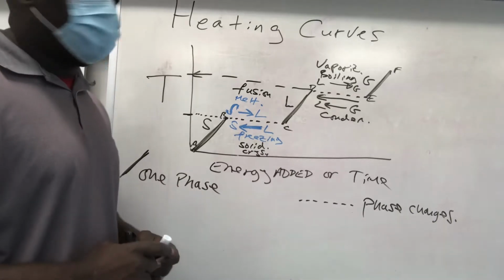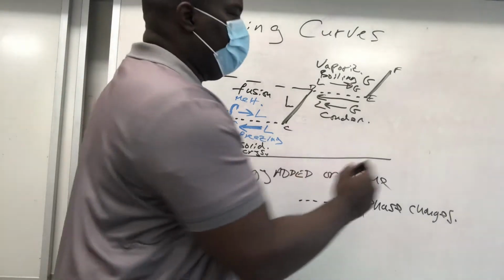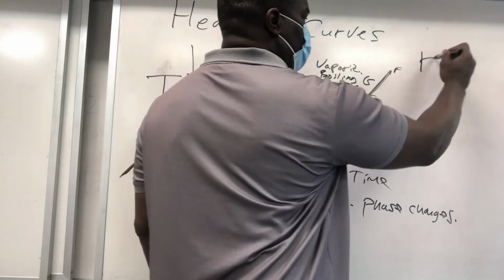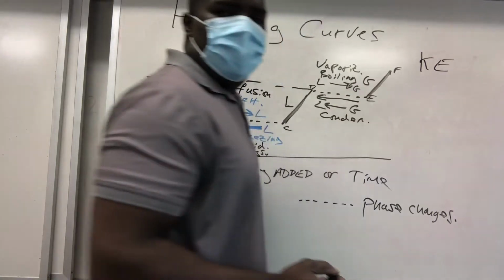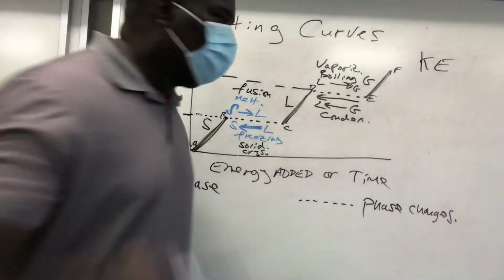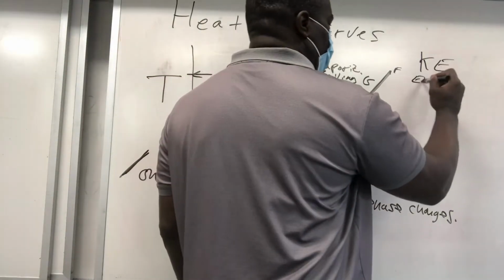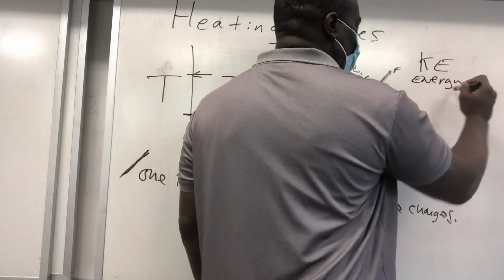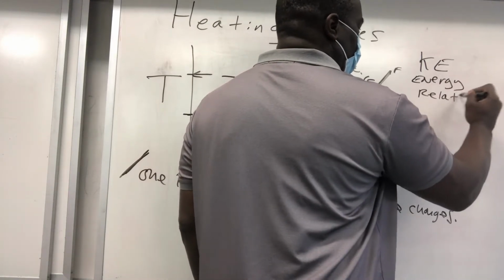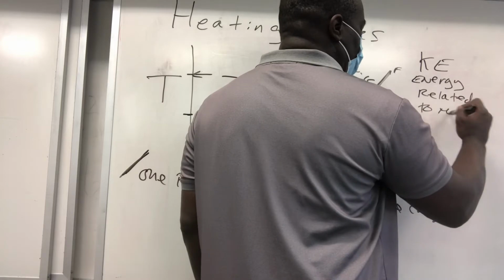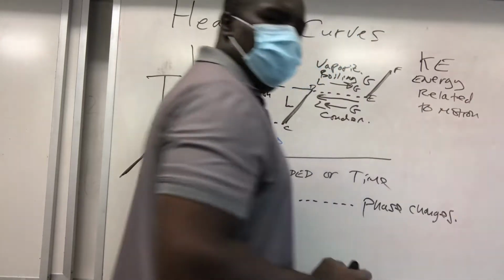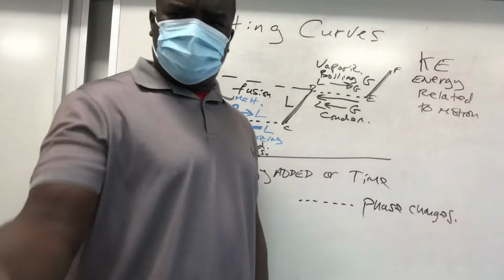So I'm going to define those guys, okay? So I'm going to write it over here, okay? Kinetic energy, KE, okay, is energy related to motion. So you make a note of that, okay? So it's energy related to motion. Alrighty? And potential energy, what's potential energy?